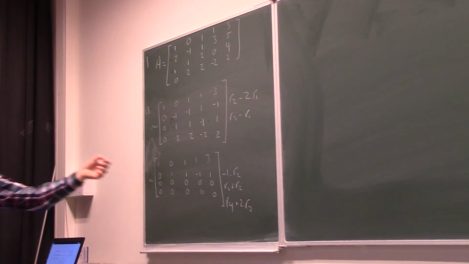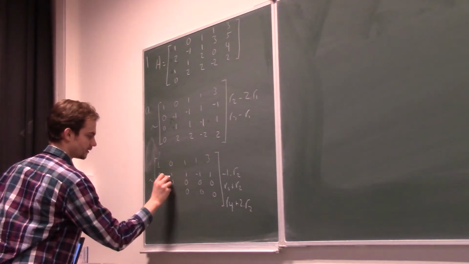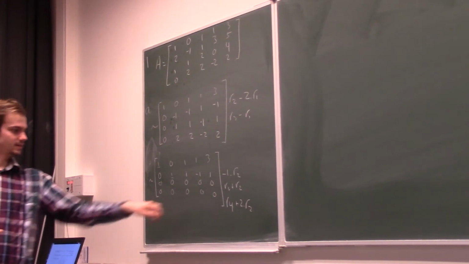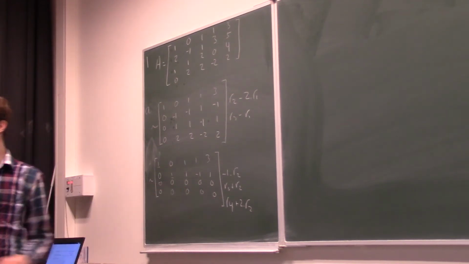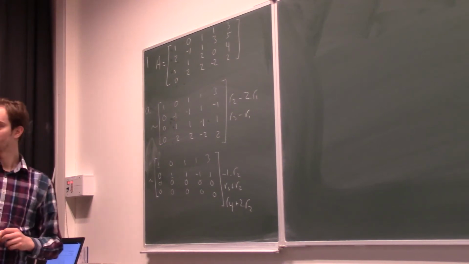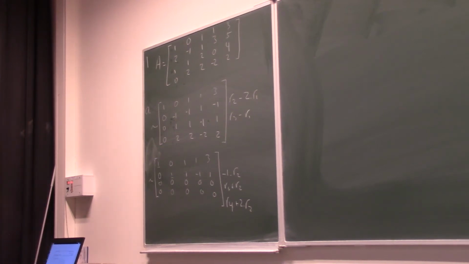Is this row reduced echelon form? Yes? Okay, so you have 2 pivots here. And then this is all 0, so this is done. Okay, and the rank of A, yeah, why is it 2? 2 pivots. Yes.